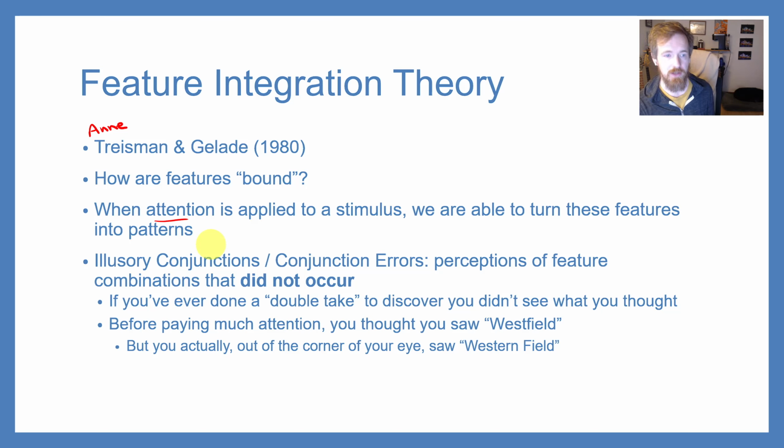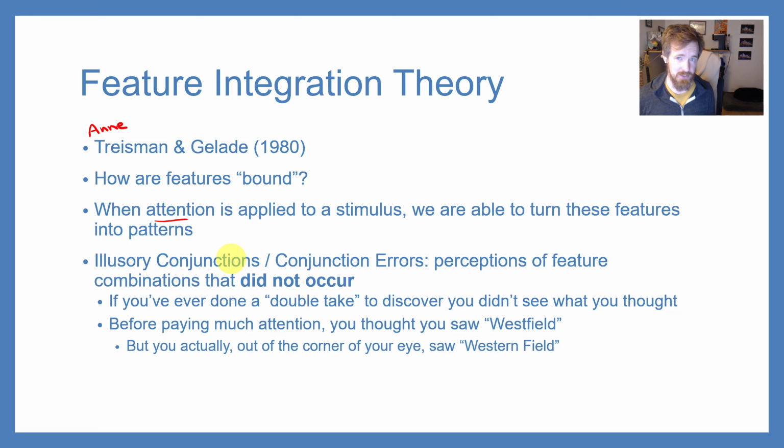So I'm going to show you an example of what she did to show you how we know this and why we know this. Before I do that, I want to tell you about illusory conjunctions or conjunction errors. This is an error that we make whenever we see something out the corner of our eye, and you think you see something, and you do a double take, and then when you actually look at it, it's not what you thought it was. You can probably think of a million examples of these.